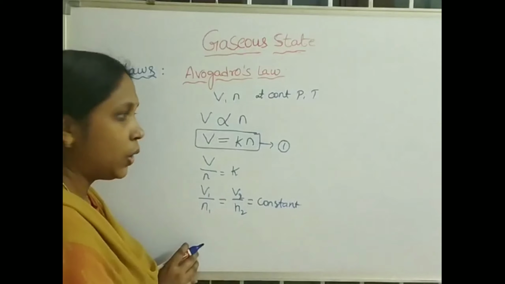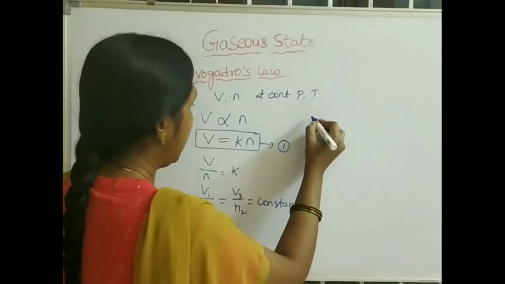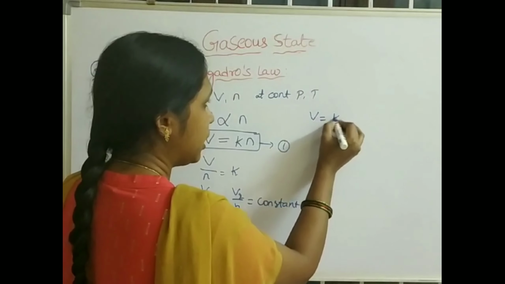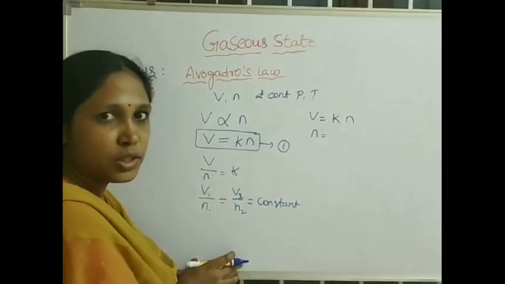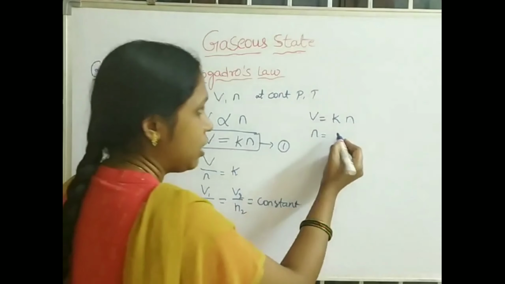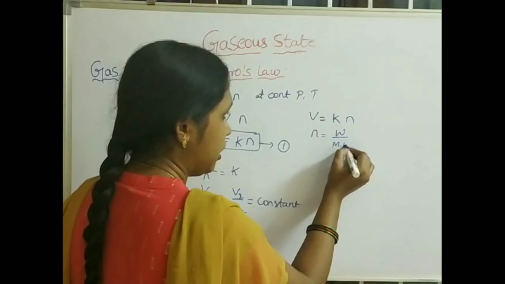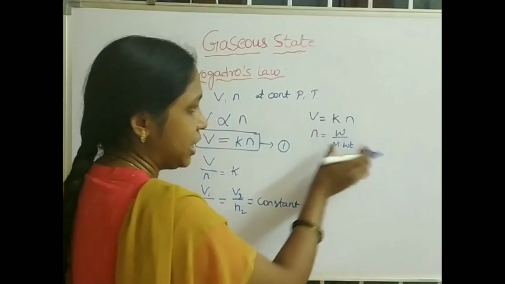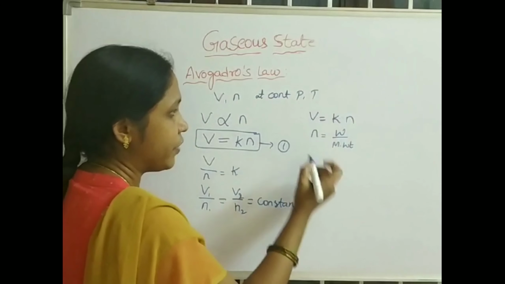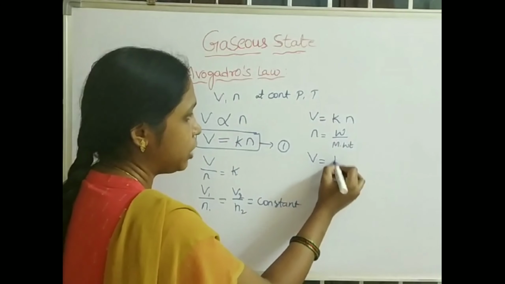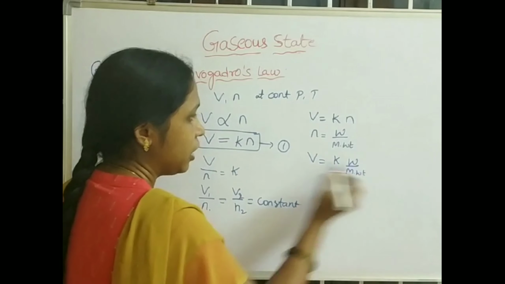Next, take equation 1, V equal to K into N. N is the number of moles. Mole has a relation, that is weight by molecular weight, or mass by molecular weight of the gas. Substitute the N value in equation 1, you will get volume equal to K into weight by molecular weight.